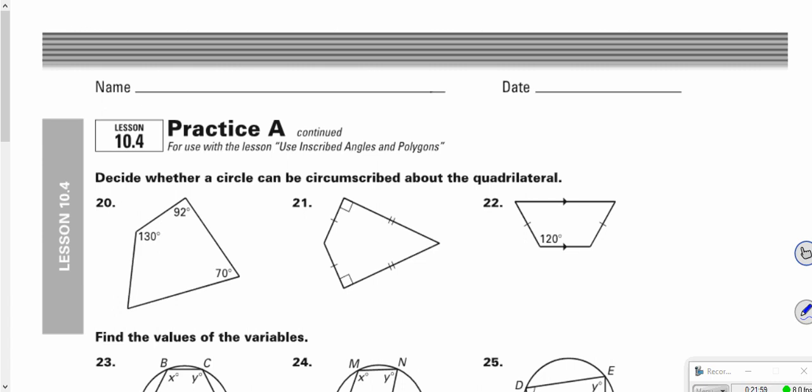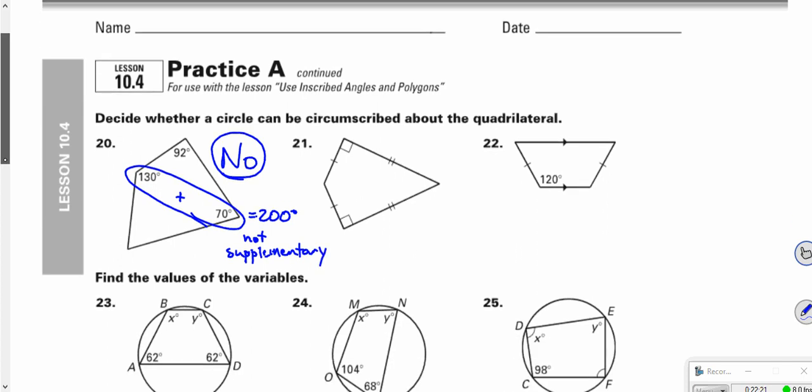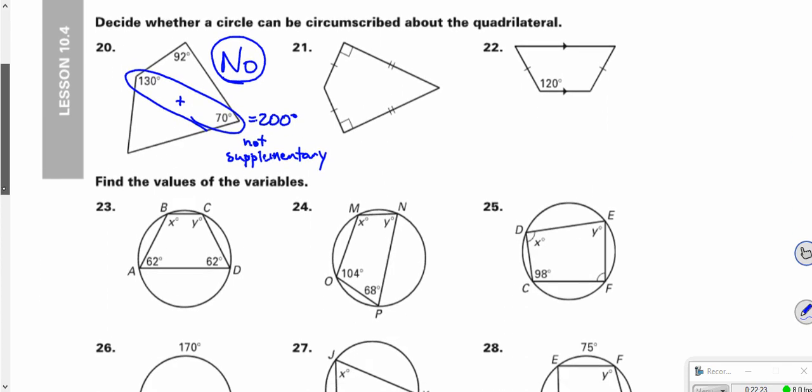So what we're looking for is opposite angles right off the bat. These are opposite angles. If I add those together, I get 200. That's a big fat no. That is not supplementary. Now, moving on to the next section.